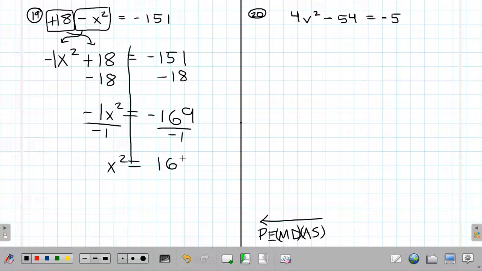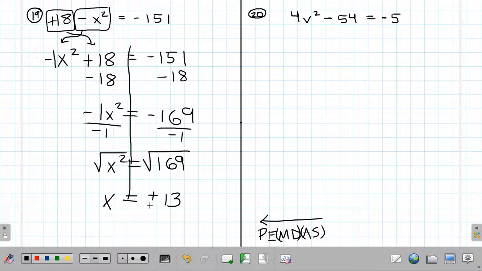That's positive 169 because a negative over a negative is a positive. 169 over 1 is 169. So the next step, take the square root. So we get x is equal to, I'm pretty sure I've done this one before earlier. The square root of 169 is 13. But we also have not just positive 13, but negative 13 as well.